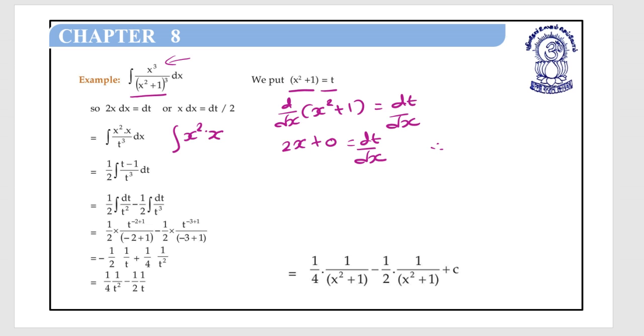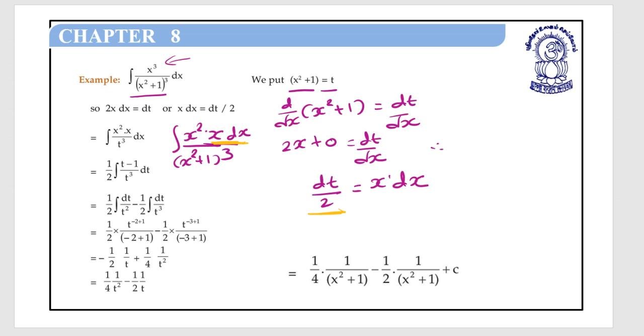So you can write x square into x dx upon (x square plus 1) cube. Here dt by 2 is equal to x into dx. So instead of x into dx put dt by 2.